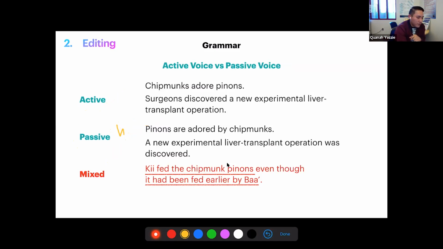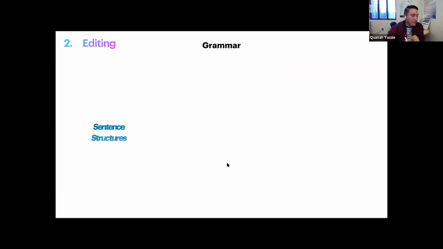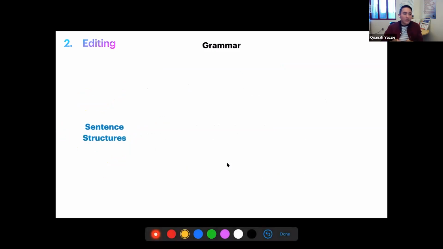All right. So then moving on into the next one, we're going to hit those sentence structures. And this is where it gets even more complex when you're starting to edit your sentences and stuff like that.